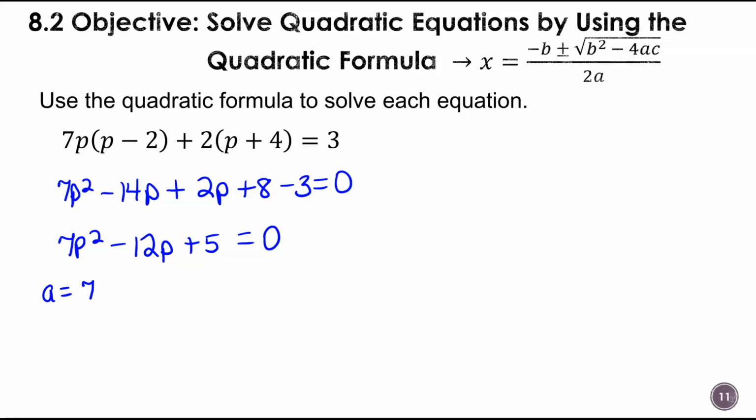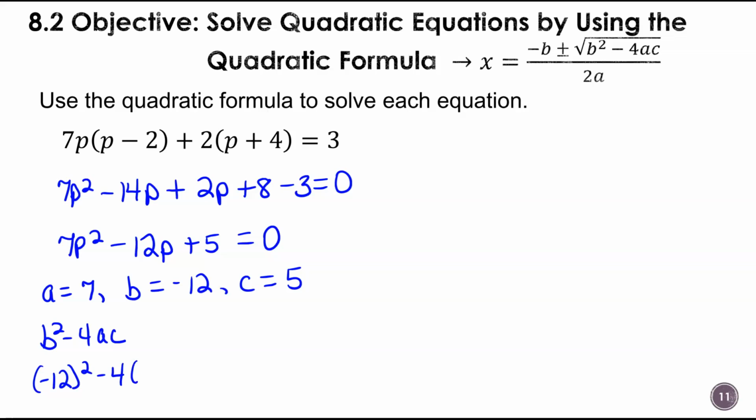Identify a, b, and c. Calculate b squared minus 4ac. So negative 12 squared minus 4 times 7 times 5.